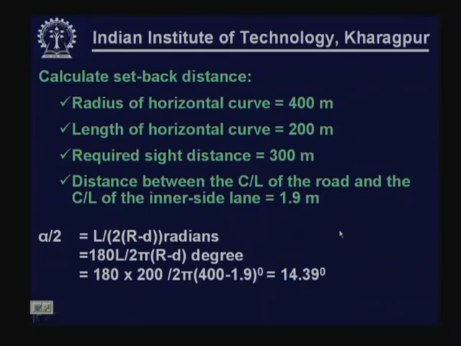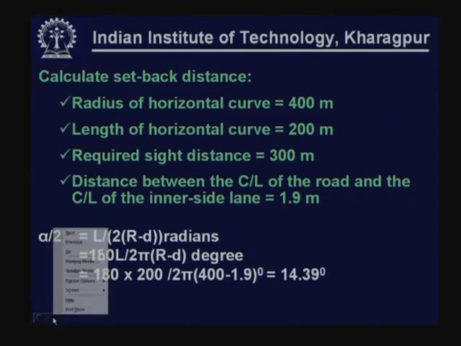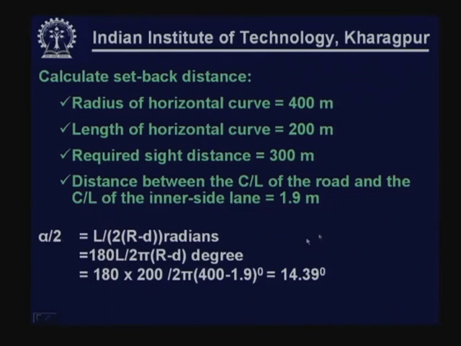Now, the last question was to calculate the setback distance for radius of curve 400 meter, length of horizontal curve 200 meter, required sight distance 300 meter. Here you can see very clearly that this is a case where the required sight distance is more than the length of the curve.